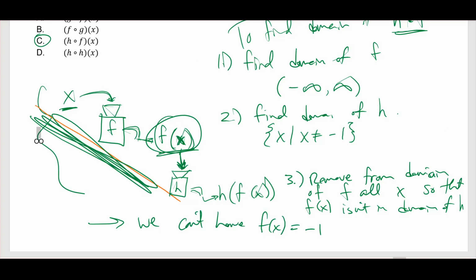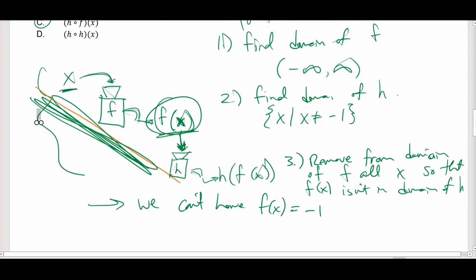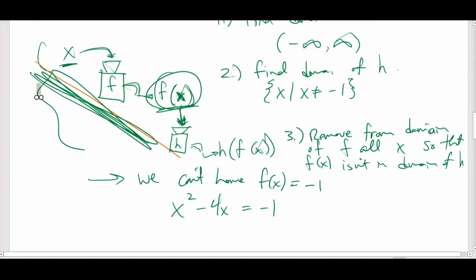So we have to take that value out. So we're starting with all the real numbers, and we're saying, hey, I can have everything except for what gives me a function value of -1, because that's not in the domain of h. Okay, so let's find out where that is. We got our function f, and we want to find out where that's equal to -1. So we can do that.